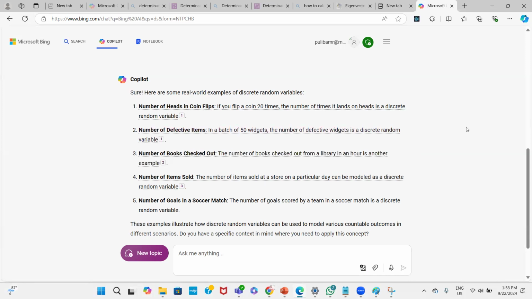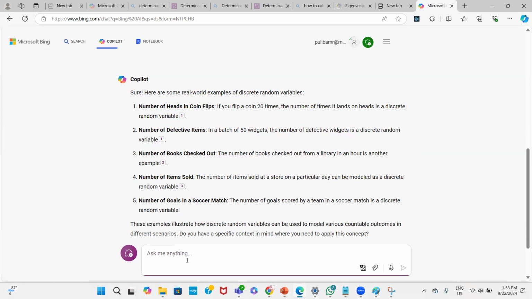It can only take values within that 50. It cannot take 51, so it becomes a discrete random variable. Agreed?